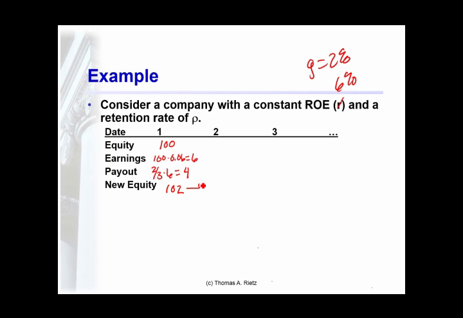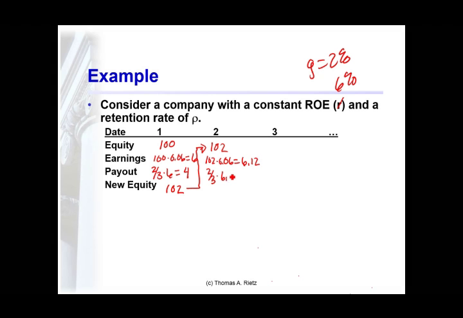That means I start next period with a 2% higher level of equity, 102. 6% of that is $6.12. If I pay out 2/3 of it and keep a third, what I pay out that first period is $4.08.